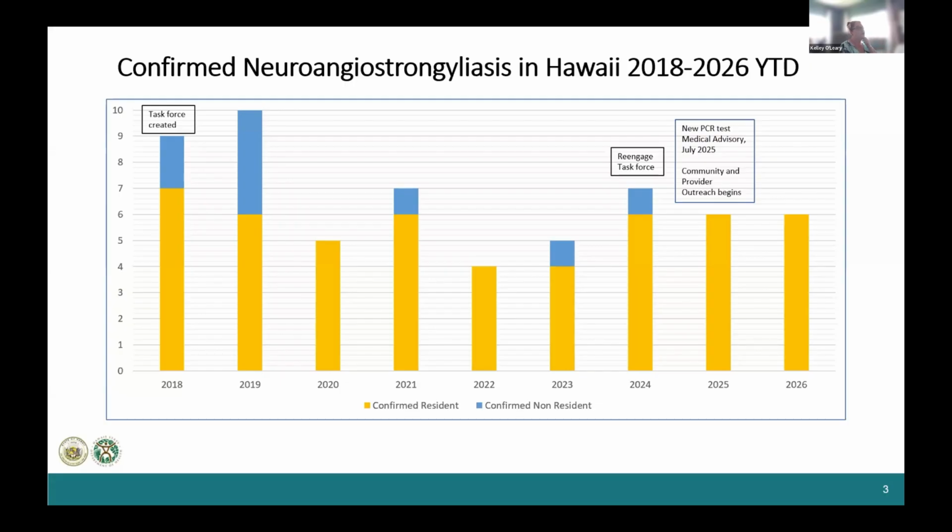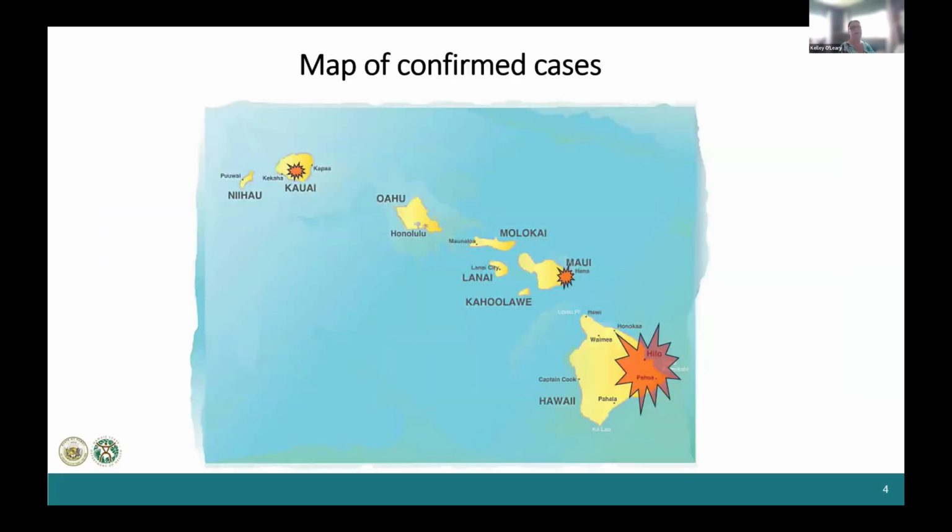And just because we don't have a whole lot of cases, it's not something that providers have top of mind all the time. So this provider toolkit was my way to bring it to top of mind. And then also just making sure our community knows about it. What we've found is our community knows about it. They just may need to tweak their strategies for reducing slugs and snails.